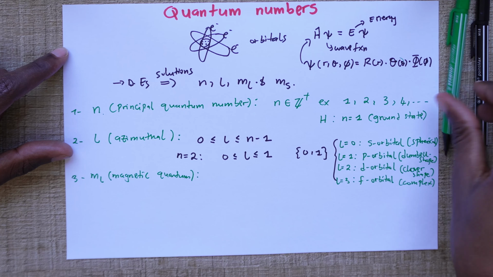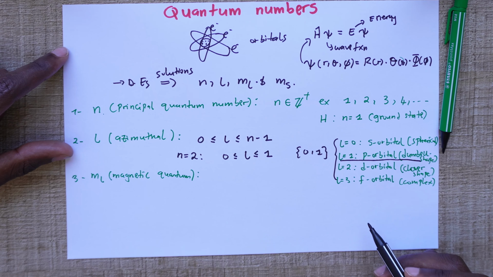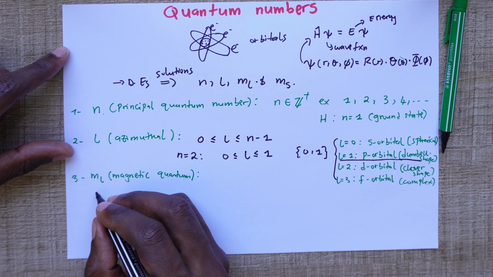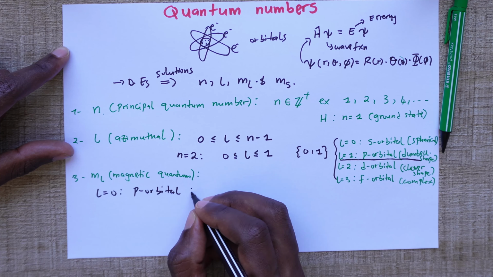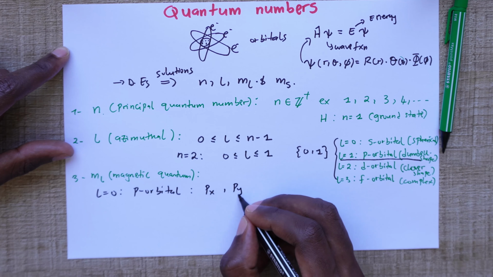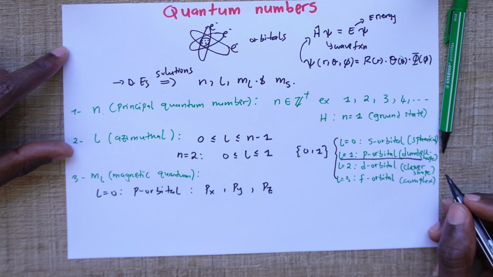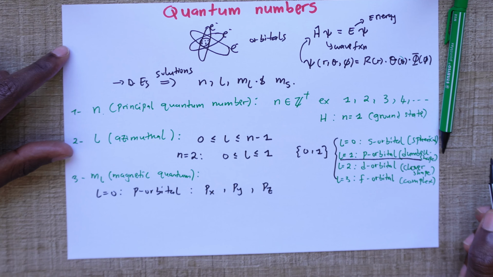For example, if we take l equals 1, which represents a p orbital, depending on how this orbital is oriented with respect to the different coordinate axes, we can have the px, which means it's oriented along the x-axis, the py, if it's oriented along the y-axis, or the pz, if it's oriented along the z-axis. And the same goes for the other types of orbitals.